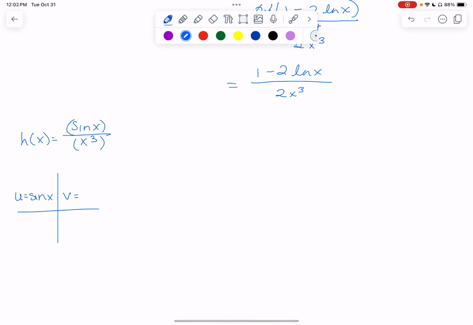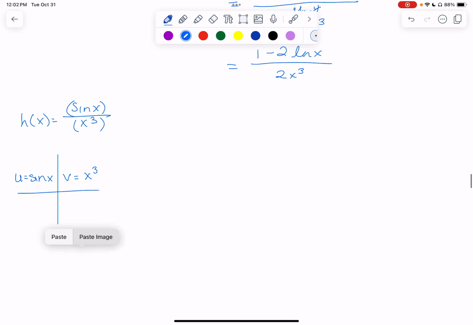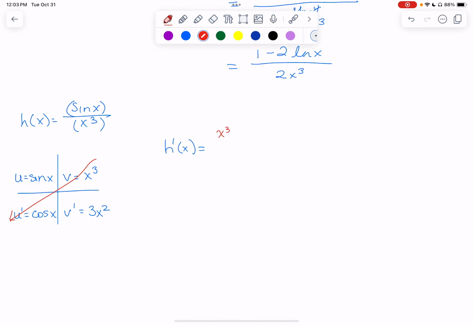I have my v, which is my lower, equal to x cubed. My derivative of sine x, my u prime, is equal to cosine x. My derivative of v is equal to 3x squared. All right, so let's find this. We're going to find our derivative of h. We're going to cross over this direction, and we're going to have an x cubed times a cosine x.